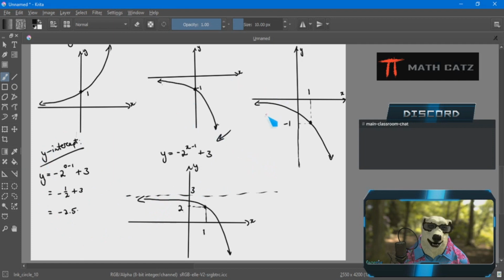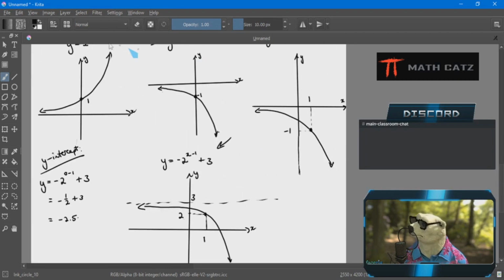All right, so I have a new kind of basic function that I add to my library, the exponential function. Different bases, the shape is the same, with one observation.